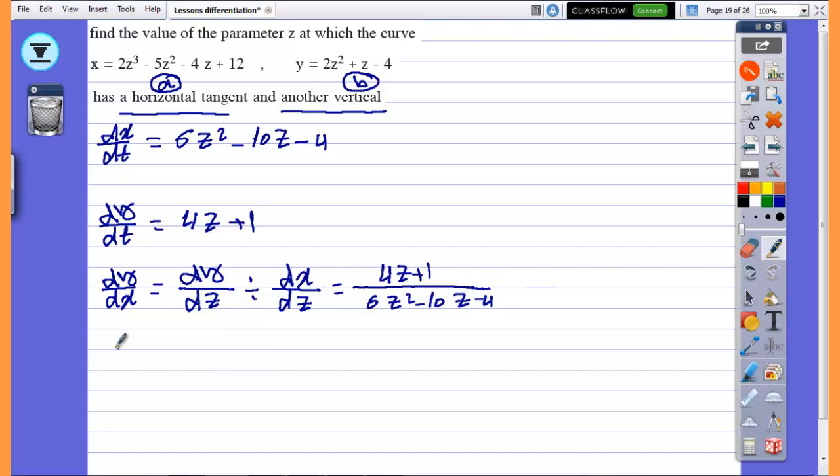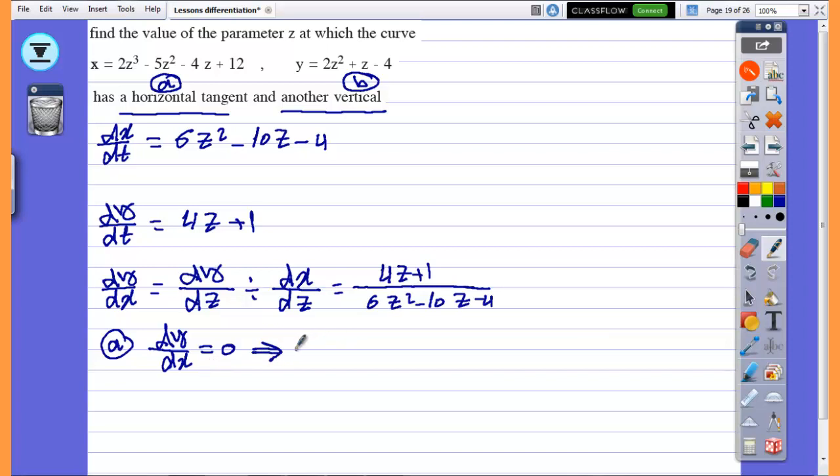Now A, when the curve has a horizontal tangent. It means dy/dx, the slope of the tangent, equals 0. When the tangent is parallel to the x-axis, horizontal, its slope equals 0.